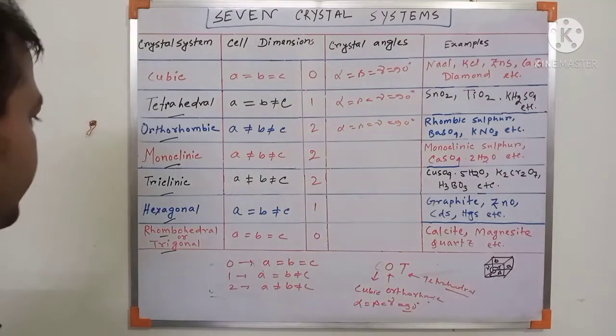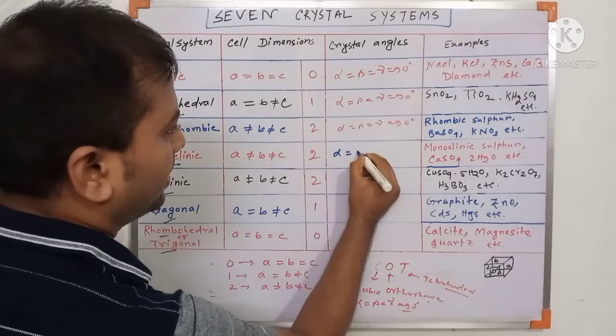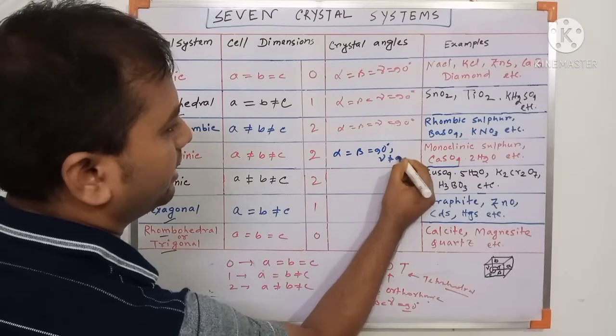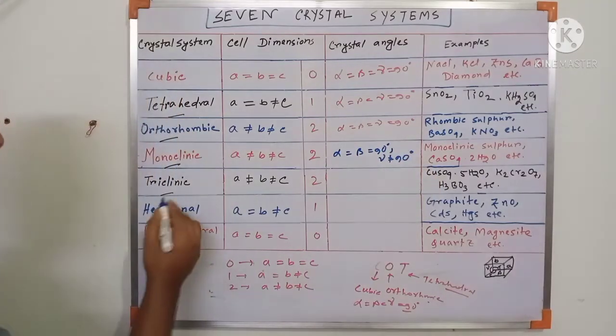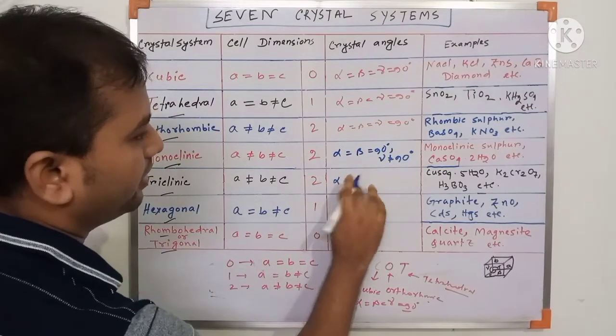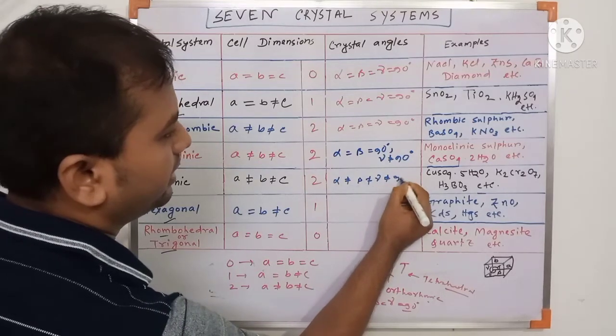But for the other 4, remember: monoclinic has alpha equal beta equal to 90 degree, but gamma not equal 90 degree. Triclinic has all not equal to 90 degree, alpha not equal beta not equal gamma not equal to 90 degree.